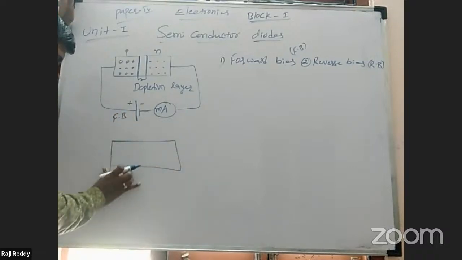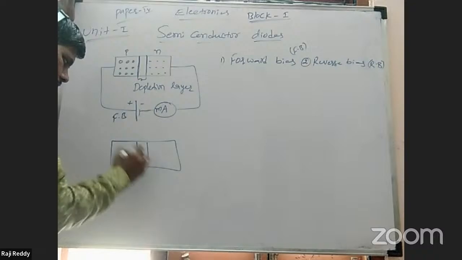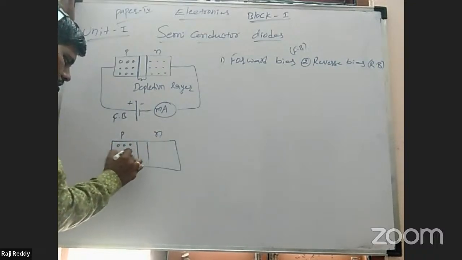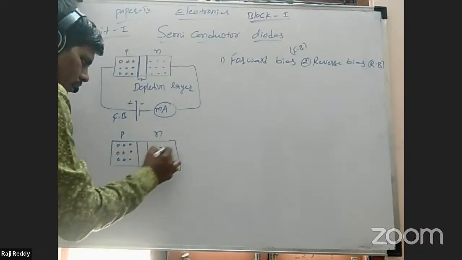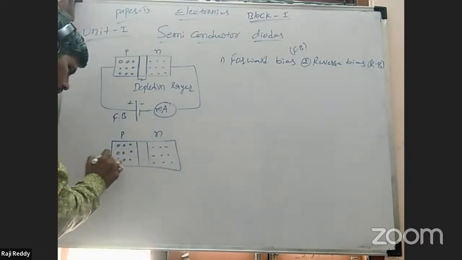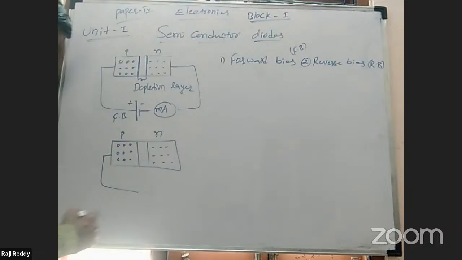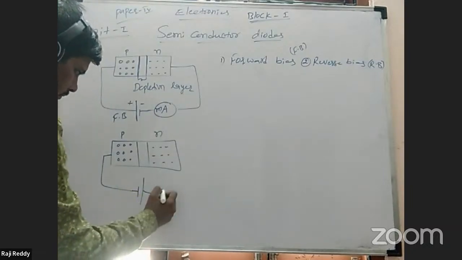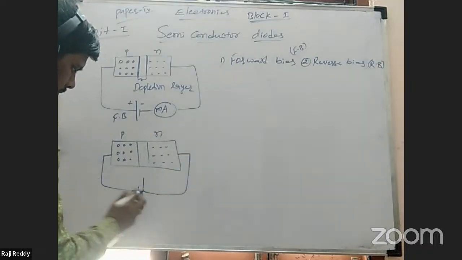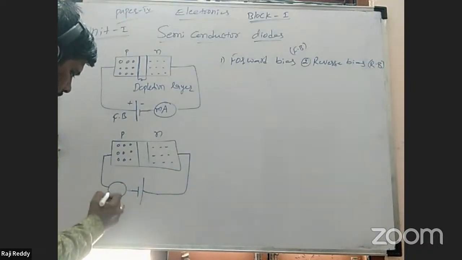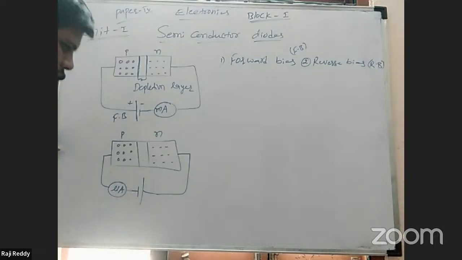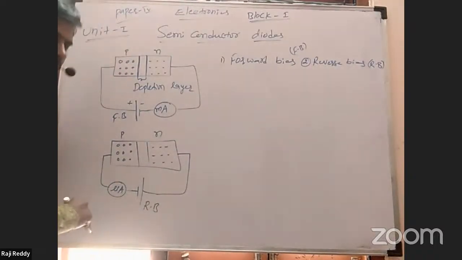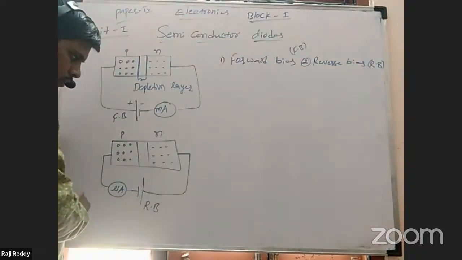This is a PN junction diode. This is P-type material, N-type material. P indicates positive, N indicates negative charge carriers. These are connected to the battery. The current measuring meter is a microammeter in reverse bias, or simply you can say ammeter also.